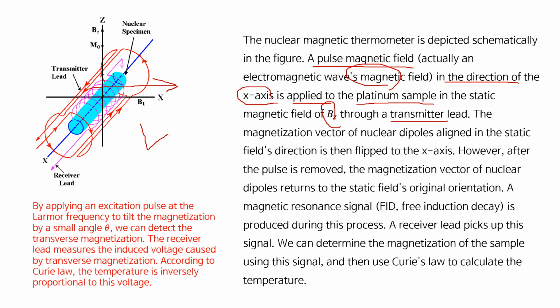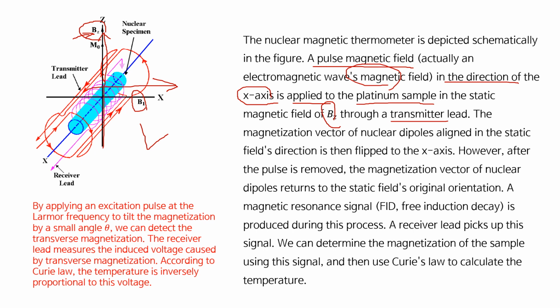So the static field Bz is applied in this direction. This is a high field. B1 is much smaller than Bz.